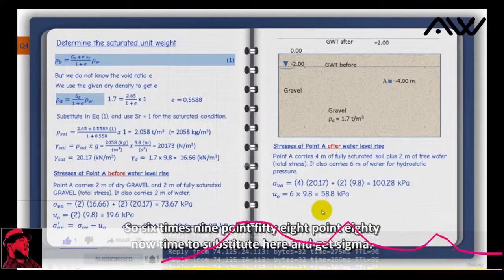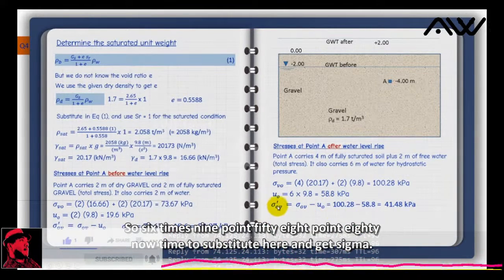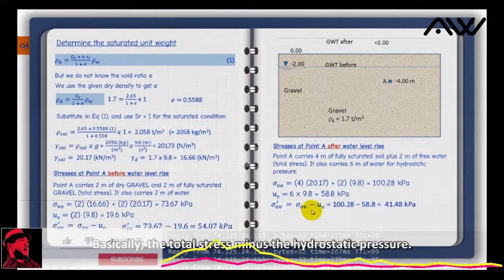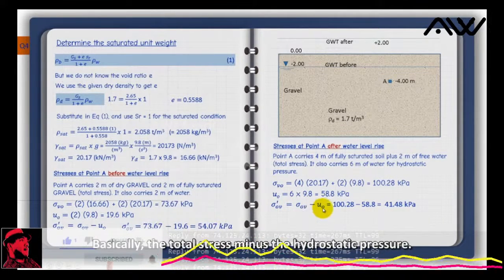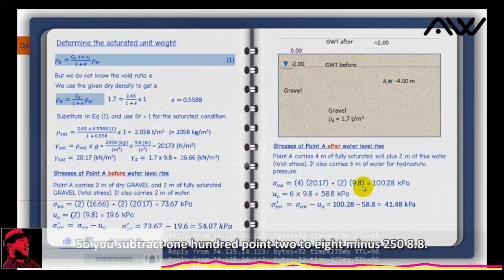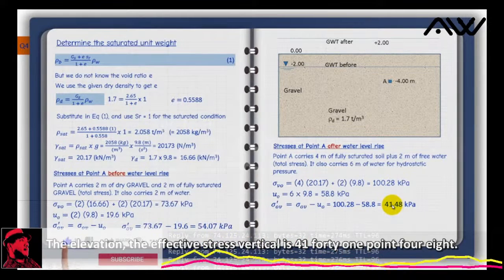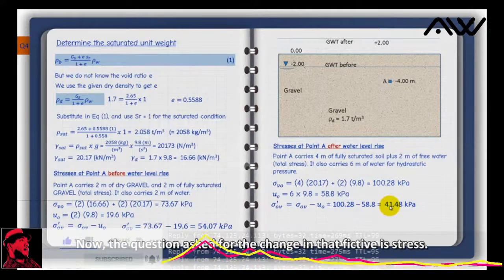Now time to substitute here and get sigma dash V naught equals the total stress minus the hydrostatic pressure. So you subtract 100.28 minus 58.88. So I got the vertical effective stress as 41.48. Now the question asks for the change in the effective stress.